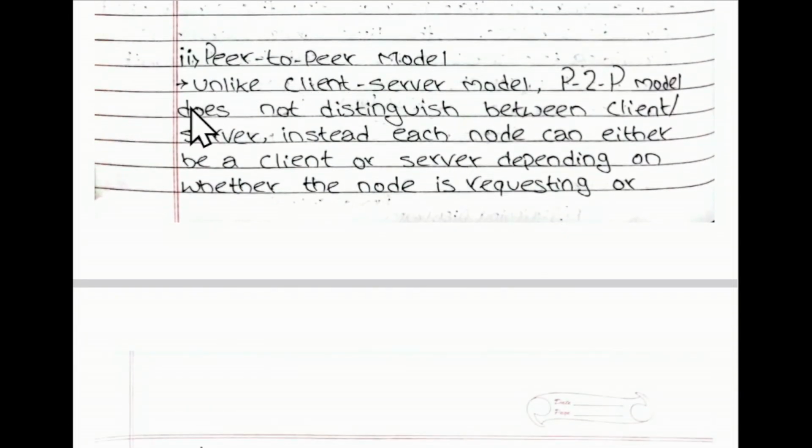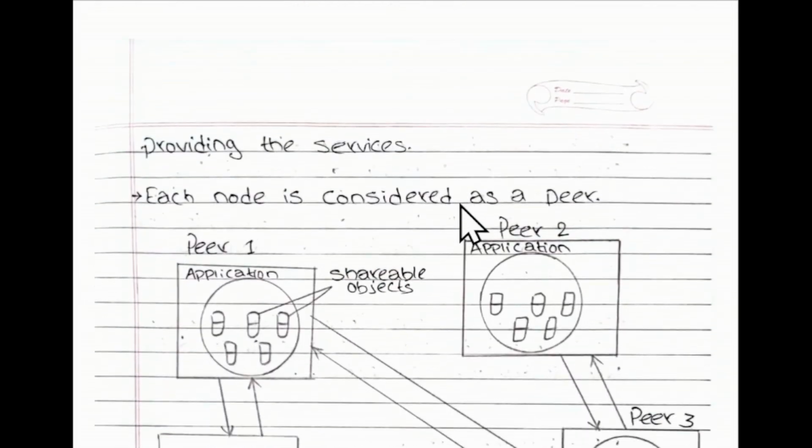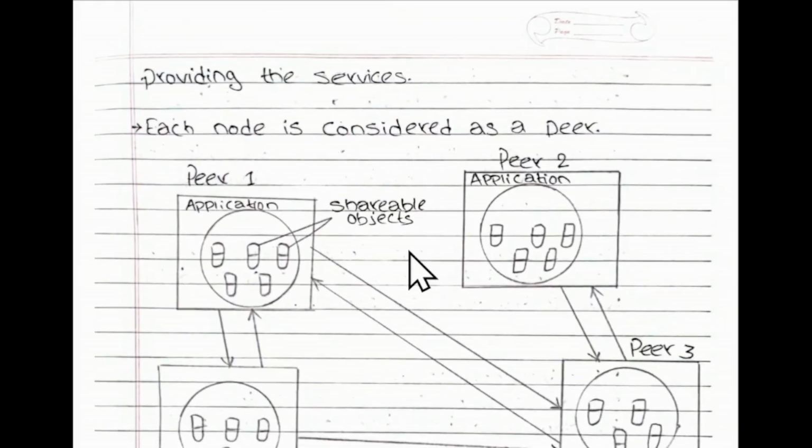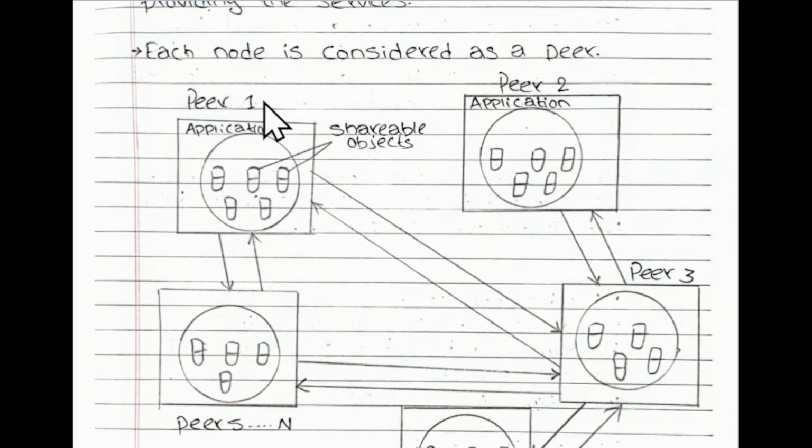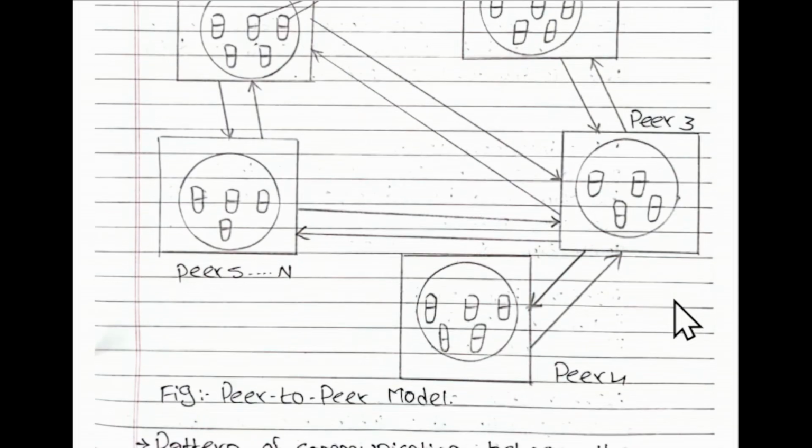Peer-to-peer model. Unlike the client-server model, the peer-to-peer model does not distinguish between client and server. Instead, each node can be either a client or a server depending on whether the node is requesting or providing the services. Here, each node is considered a peer. Here are peers: peer 1, peer 2, peer 3, peer 4, and peer 5 up to peer n.